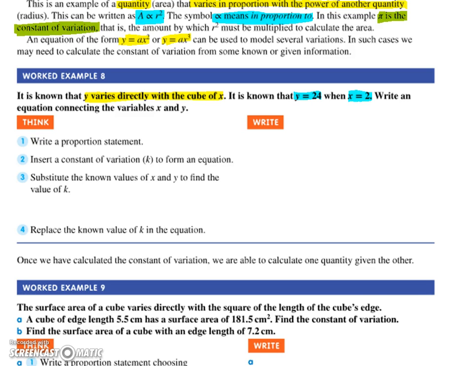It's up there and it's highlighted. Y equals is a good start. What was the next bit? A, x. Y varies directly with the cube of x.